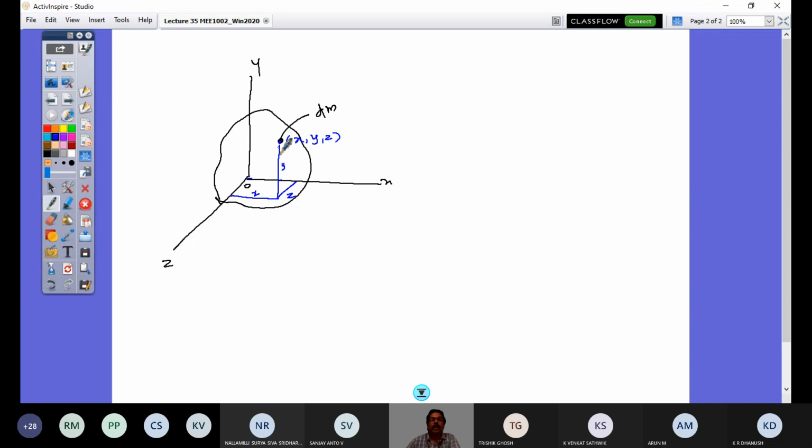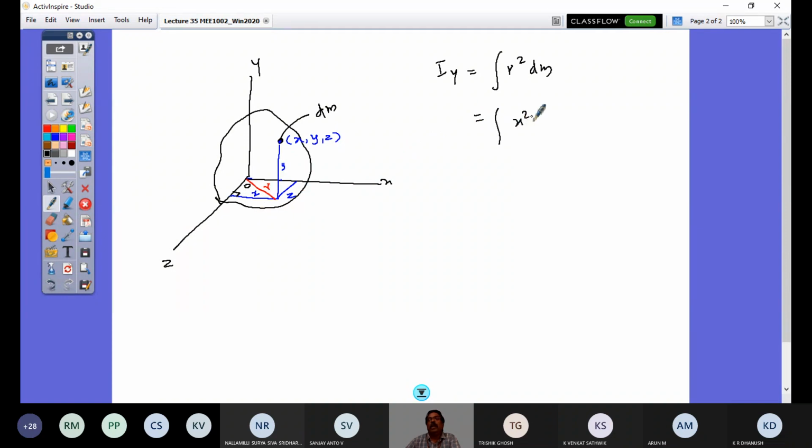And this is my elemental mass of this rigid body with respect to origin O. Now you can also see that in the XZ plane, I have a square or rectangle, and the diagonal of that is R. So what is the definition of my mass moment of inertia about the y-axis? Iy is the rotational inertia of this rigid body about the y-axis, and that would be given by the integral of r squared dm, where r is given by the Pythagoras theorem: r squared is x squared plus z squared.